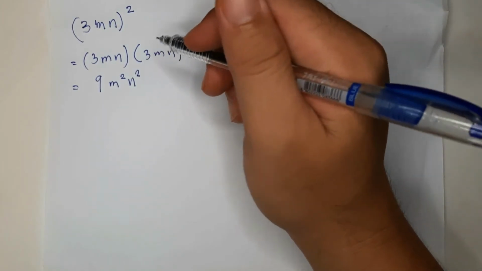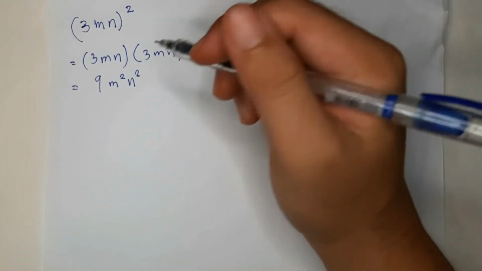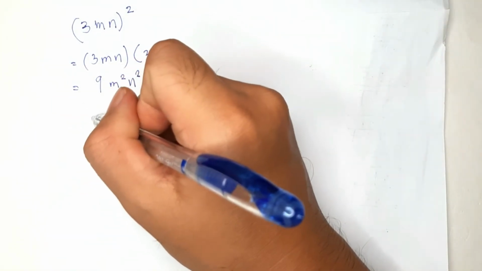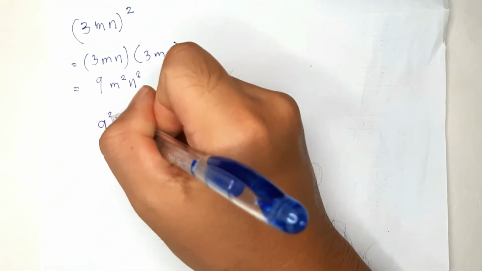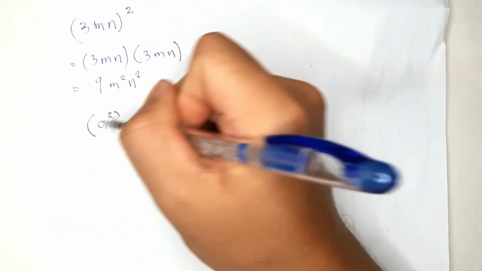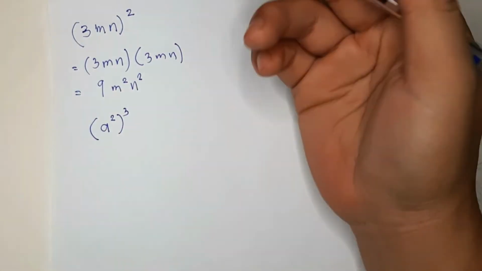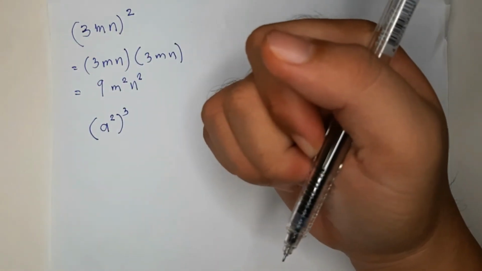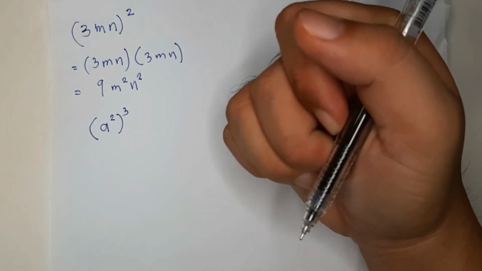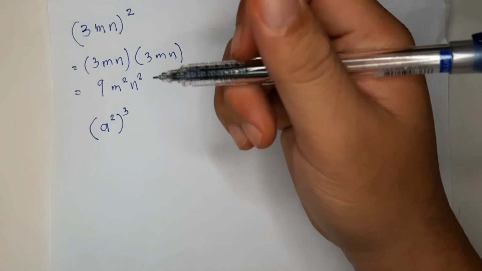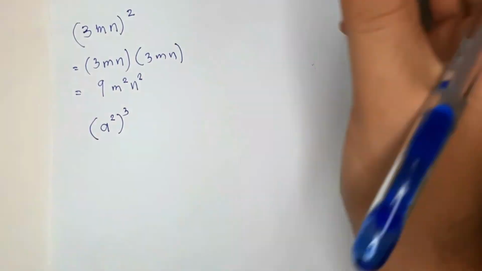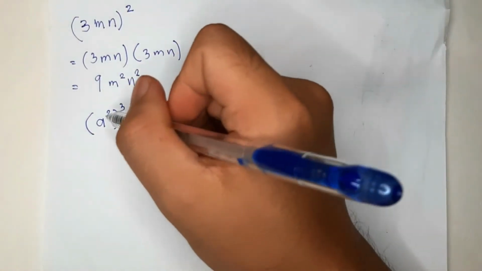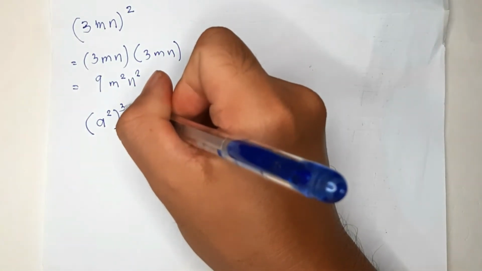Let's go on to another case. So we have a squared cubed, or the quantity of a squared, cubed. So what we are going to do is we can split them up, or we can just multiply this exponent to this one.